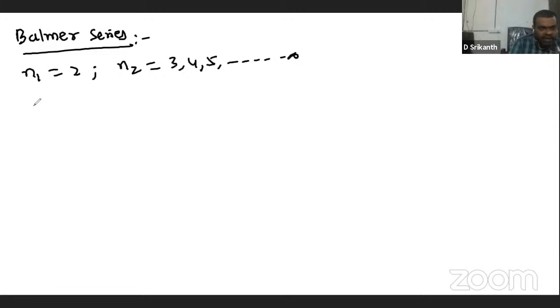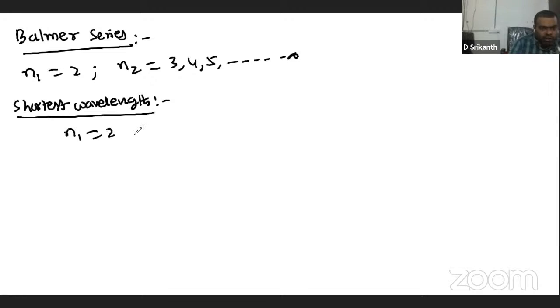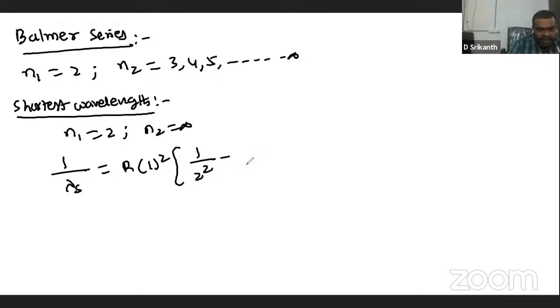For the shortest wavelength, n1 is equal to 2 and n2 equal to infinity. 1 by lambda S equals R into 1 by 2 square minus 1 by infinity square, so 1 by lambda S equals R by 4.